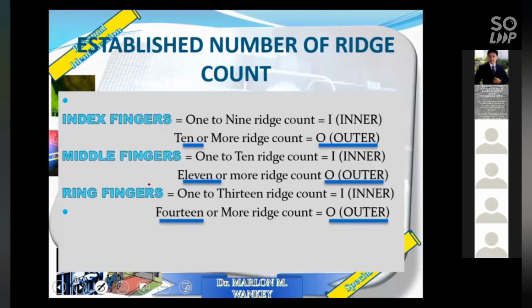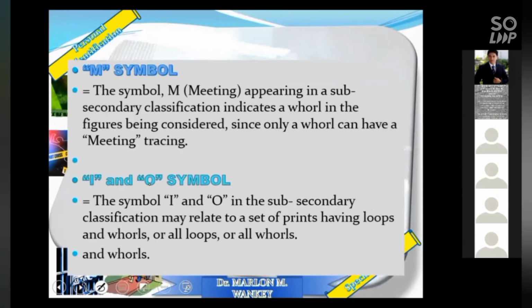The classification is outer. Now, the symbol M, meeting, appearing in a subsecondary classification indicates a whorl in the fingers being considered, since only a whorl can have a meeting trace. The symbol INO in the subsecondary classification may relate to a set of prints having loops and whorls, or all loops or all whorls. Okay?